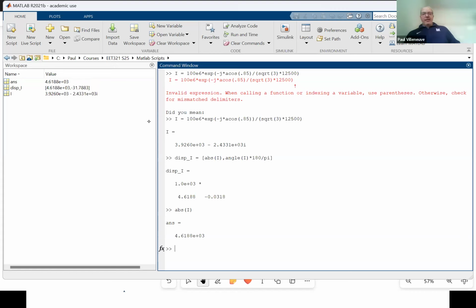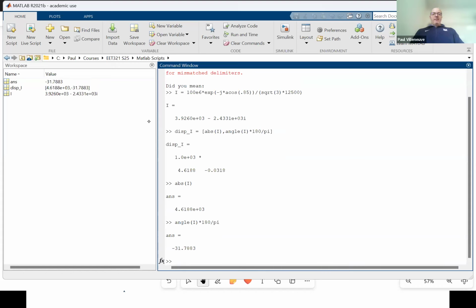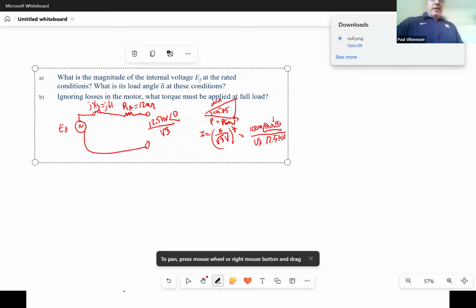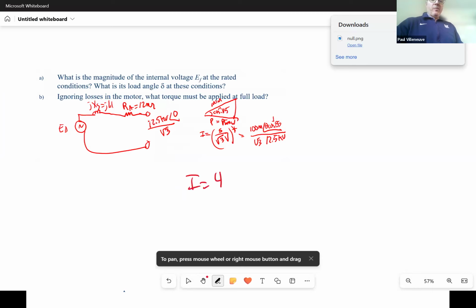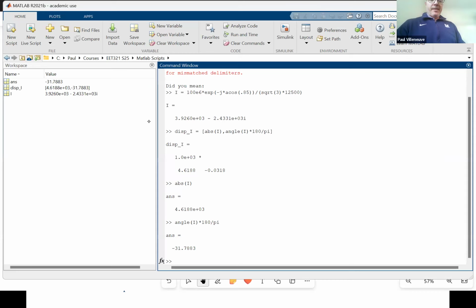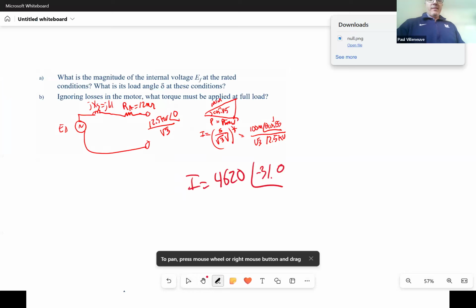And then the angle of I times 180 over pi is negative 31.78. So my current I is equal to 4,620, we'll just call it that to make it easy, at an angle of negative 31.8. That's my current, in amps.